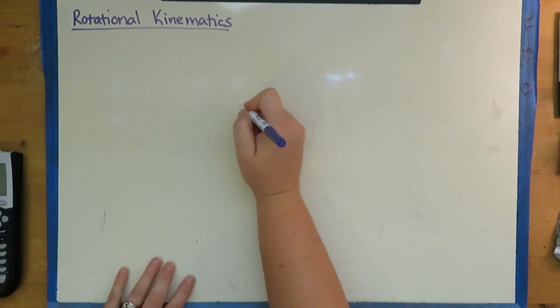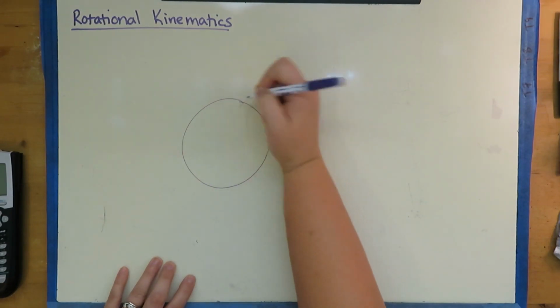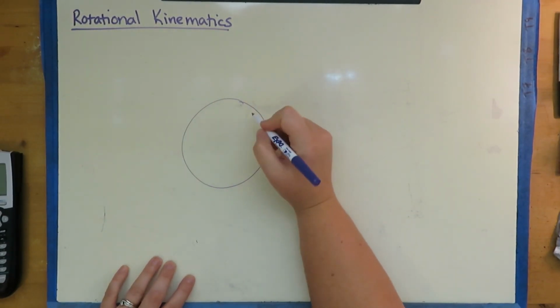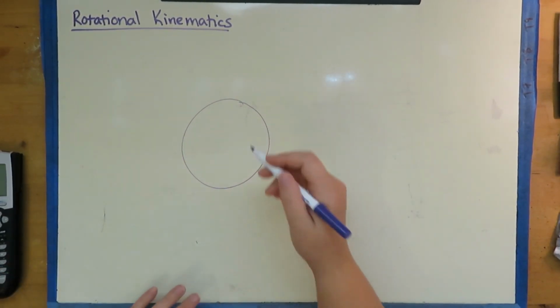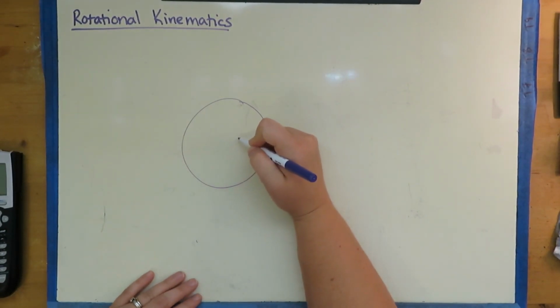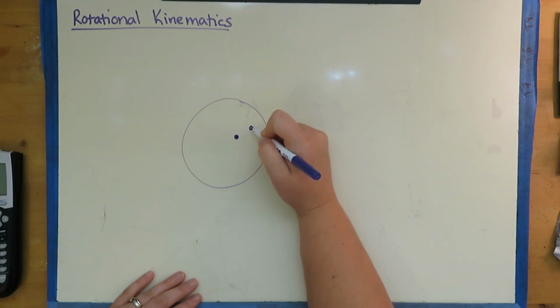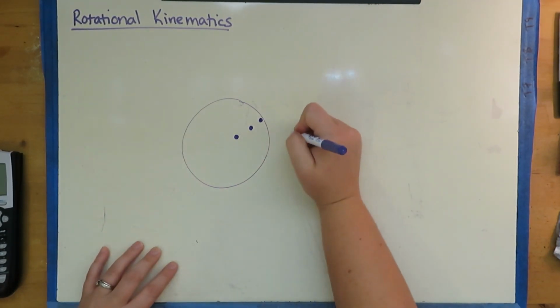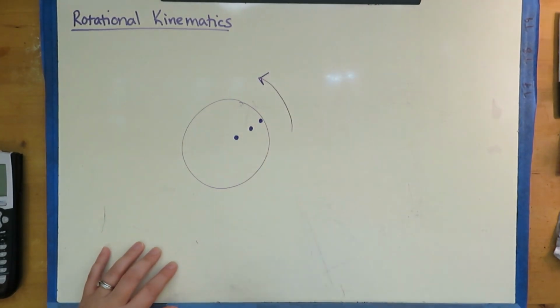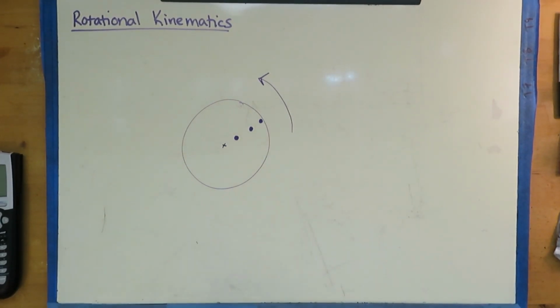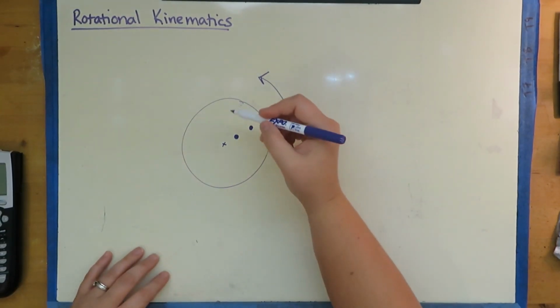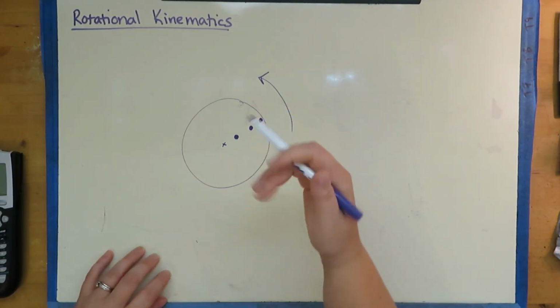The idea is if you have an object that is moving in a circle. So let's say I have a disk, and maybe I put some objects on top of the disk at different positions. And let's say I rotate all of that together, and I've got the center right there. They are all going to move based on angles.